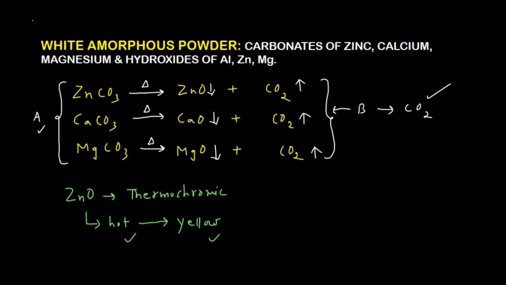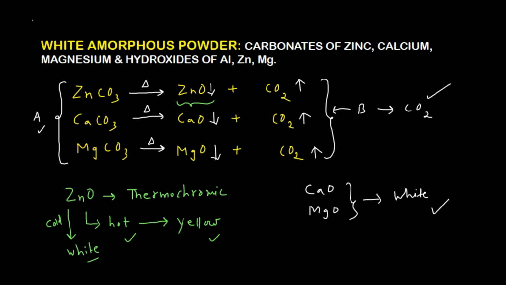But when you cool it, under cold conditions, it becomes white. This is the nature of zinc oxide. While the other two, calcium oxide and magnesium oxide, regardless of temperature, are always white.